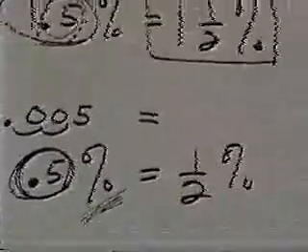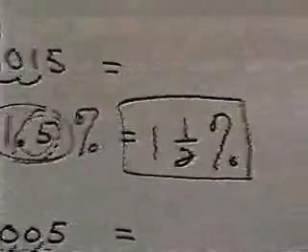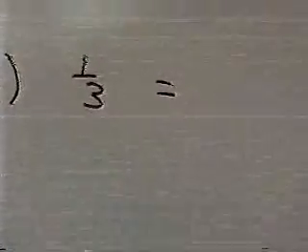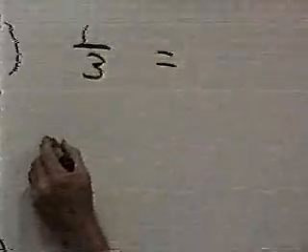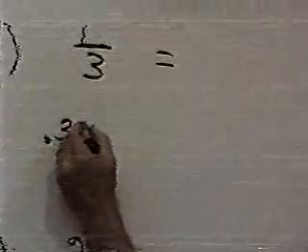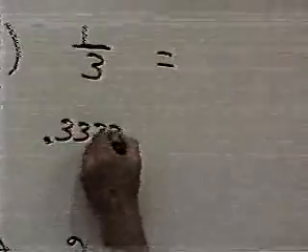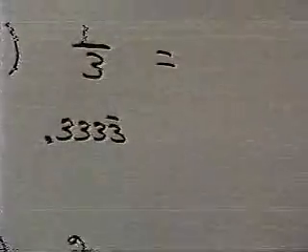Okay, let's look at G. Change 1/3. That's a number. Change it to percent. So what we must do then is to divide that out. In other words, divide 3 into that, or remember that 1/3 is 0.3333, keeps on going.